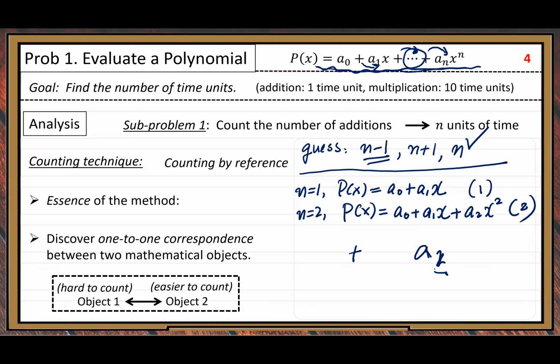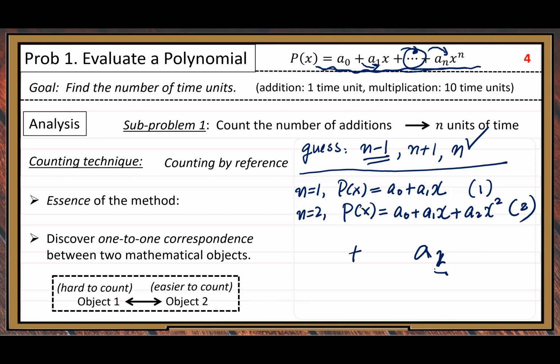Now, can you tell me how many plus signs, how many subscripts? A1, A2, A3 through AN, how many subscripts? Consecutive integers, 1, 2, 3, no gap, no missing term, counting from 1 through N. How many numbers?